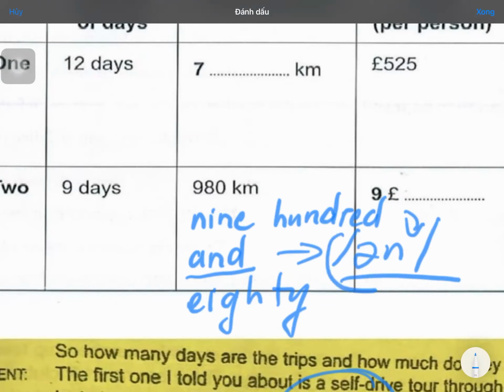Okay, so 1 and 80. Now everybody, from 1 to 10, linking sounds only happen when you talk about number 8, right? So you can make linking sounds when a word starts with 2, 3, 4, 5, 6, 7, 9, 10, or 1. But the word 8 is the only number that starts with a vowel, letter E, right?